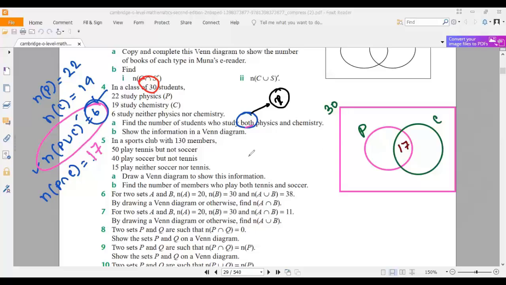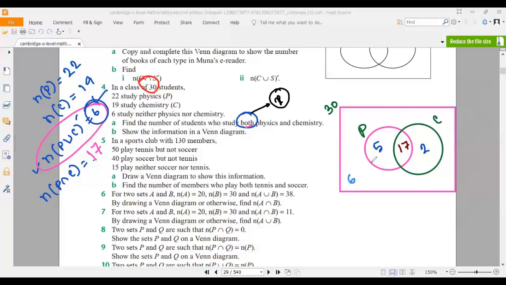What is the common one? That is 17, the number of students who study both physics and chemistry. So here 22 minus 17 is 5. And chemistry, that will be 19 minus 17, which is 2. And 6 study neither physics nor chemistry. So here we can write 6.